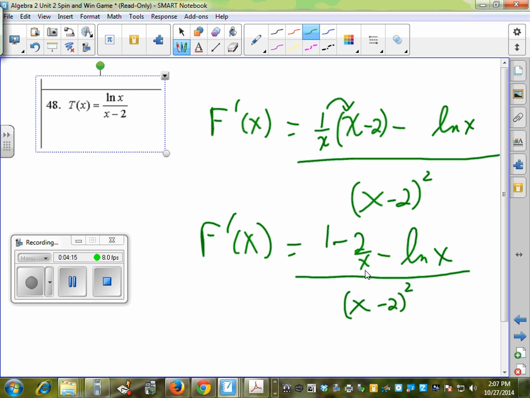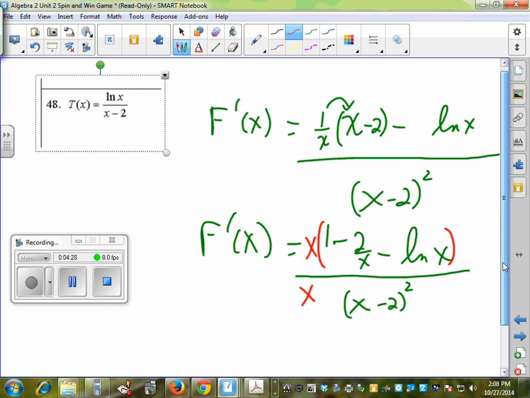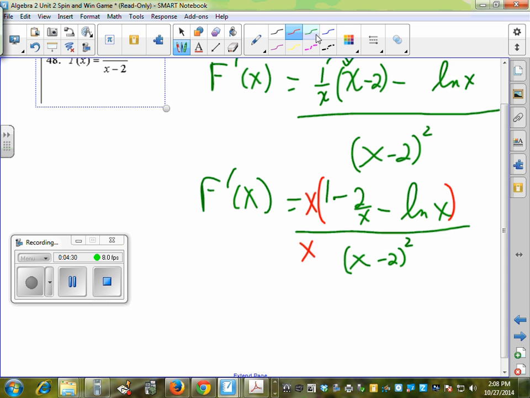This is a complex fraction. We have a fraction within a fraction. Complex fractions are never allowed as final answers. I notice if I multiply by x over x, I really just multiplied that fraction by 1, so I really didn't change anything. And what that's going to do is cancel those x's. So the final answer, x times 1 will be x minus 2.